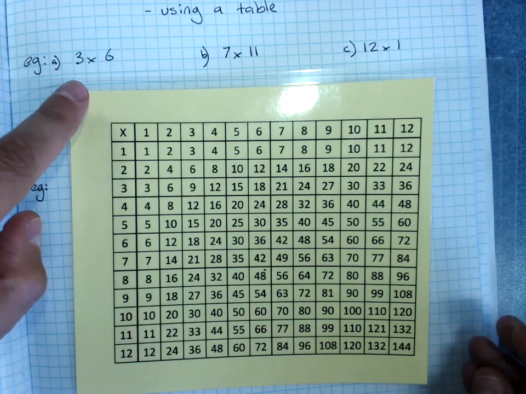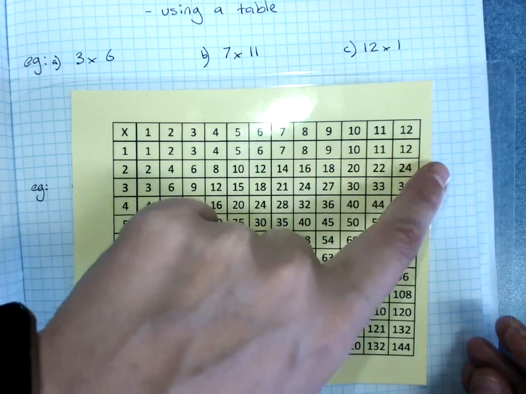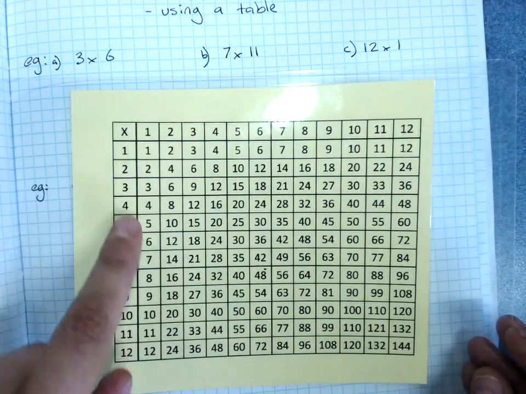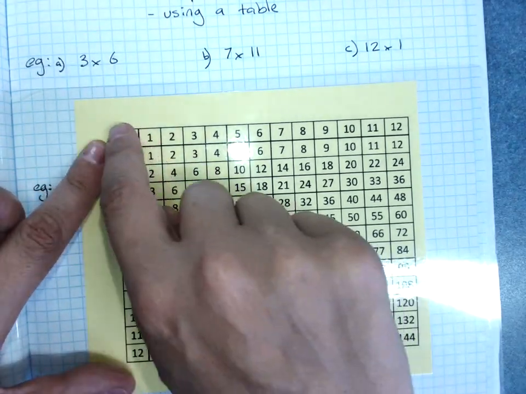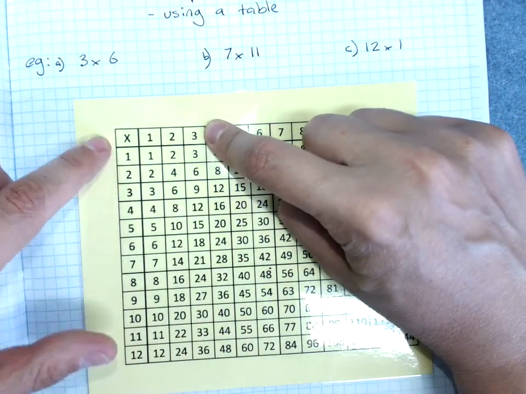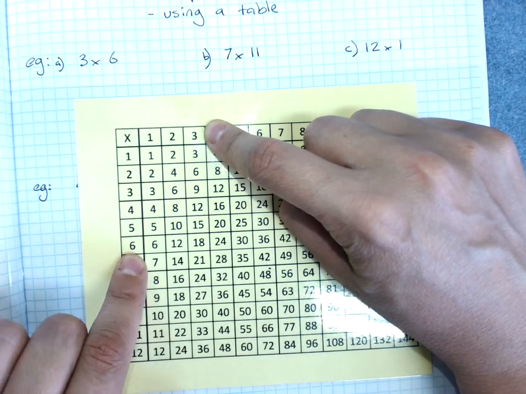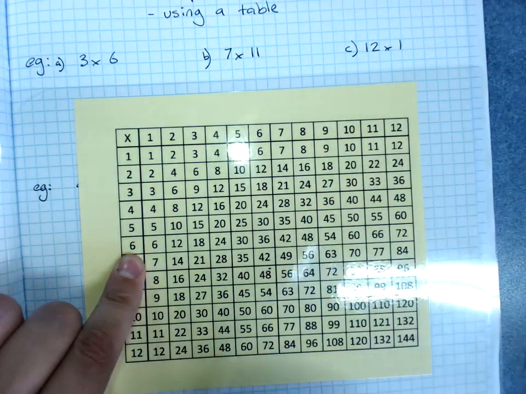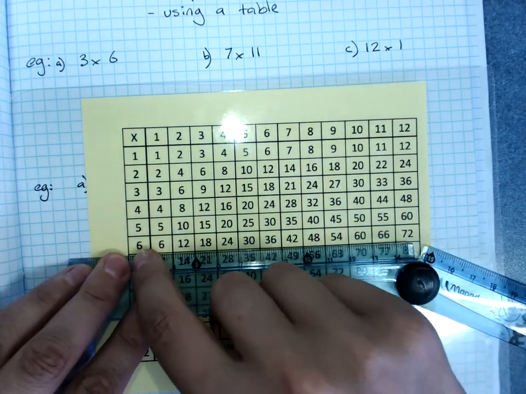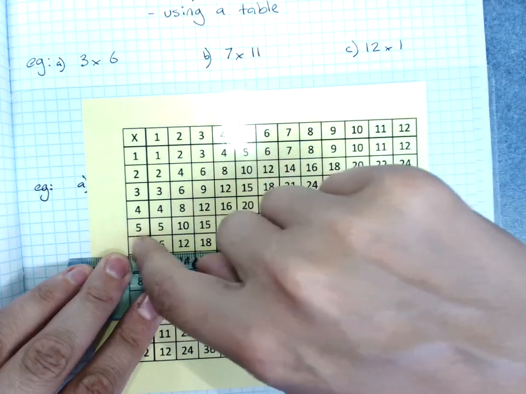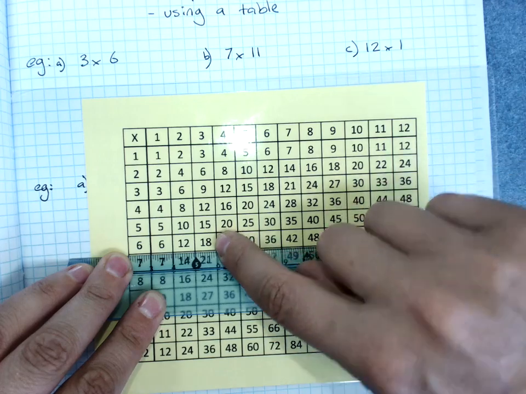For multiplications, you find where the two numbers on the outside row and column match up in the middle. 3 times 6 means I go to 3 on the top row, I go to 6 on the side column, and probably carefully with a ruler, I find that 6 and 3 meet here at 18.